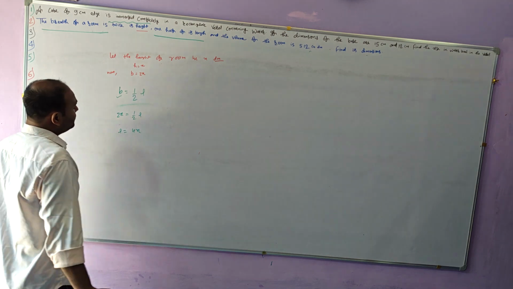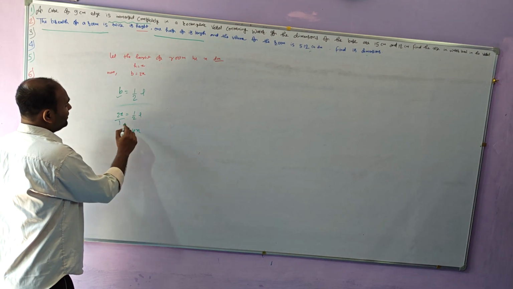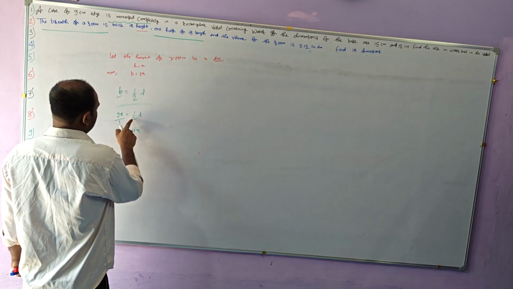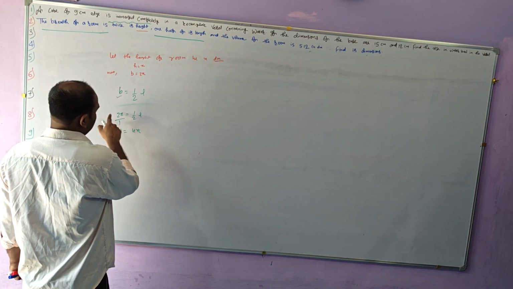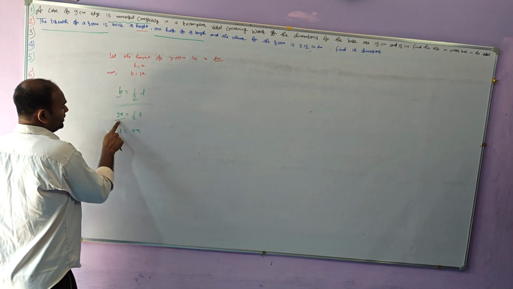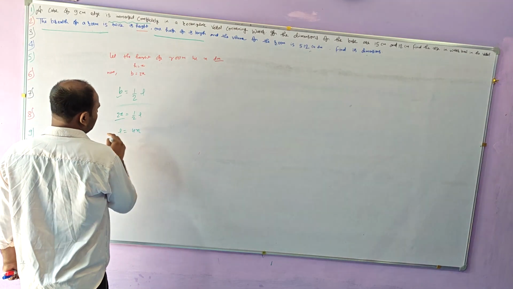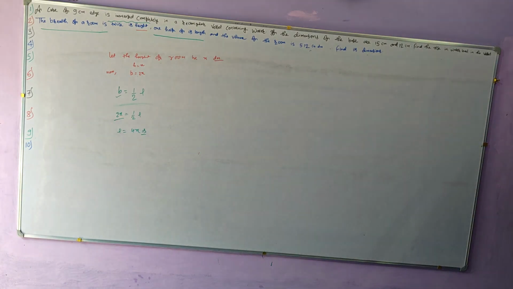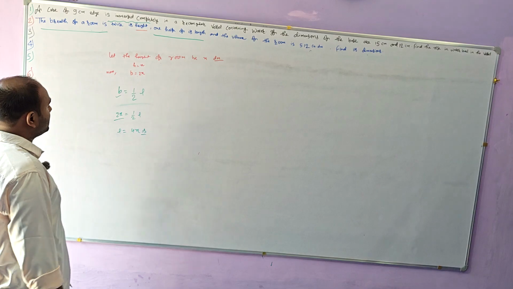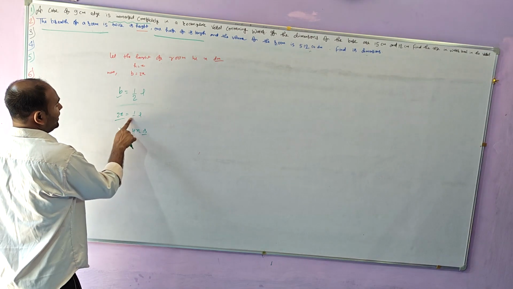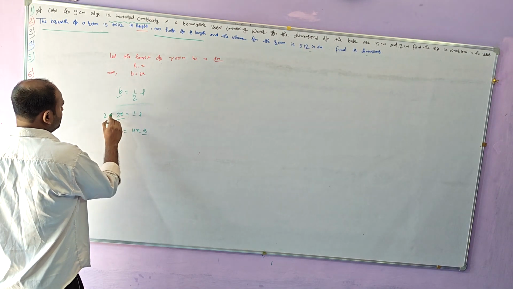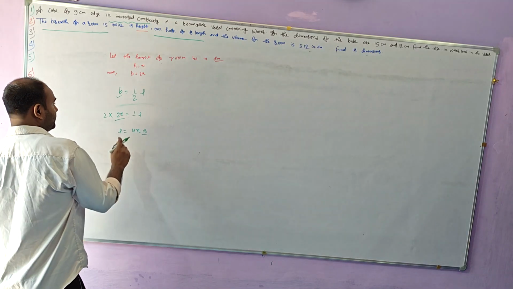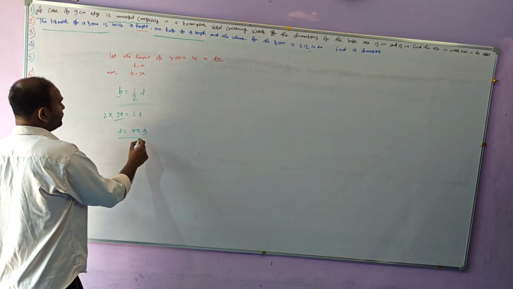When we cross multiply, the 2 goes to the other side, so we get L is equal to 4x.